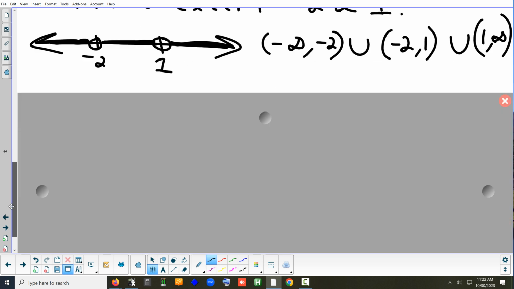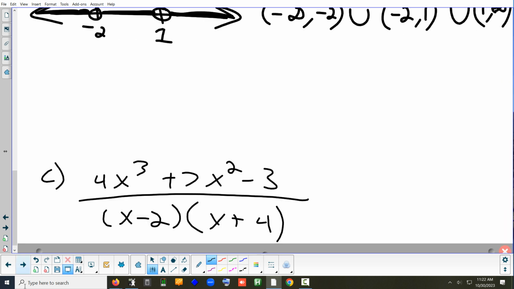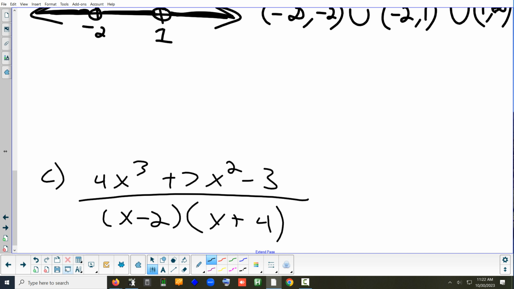All right, we'll try one more like that, except this time it's already factored for you. Let's just write it as a sentence. So I want to know the domain, just as a sentence. We don't have to do an interval this time. All reals except -2 and +4.